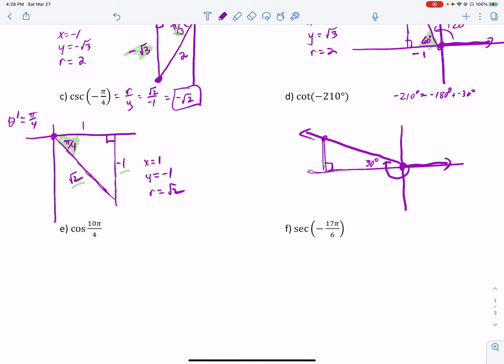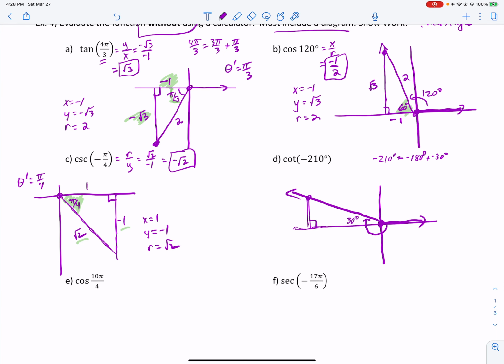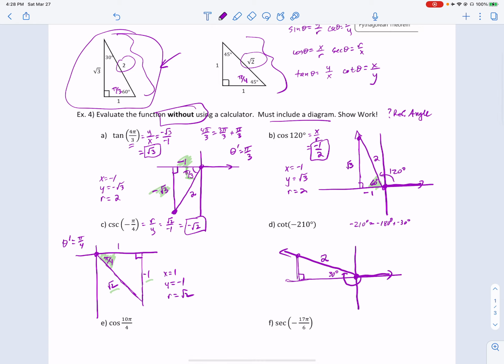drop perpendicular to the x-axis, and then we're going to be using the 30, 60, 90. And so hopefully you're getting that down, but the hypotenuse is going to be 2. Opposite the 30 is the short leg, so the y value will be 1. And the long leg is going to be negative root 3.